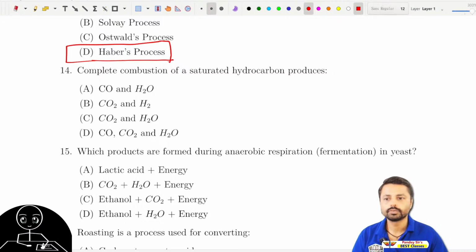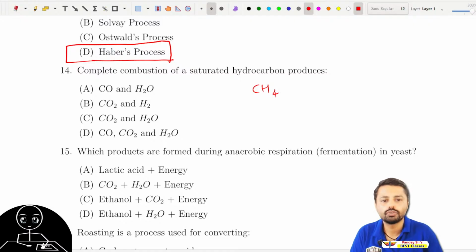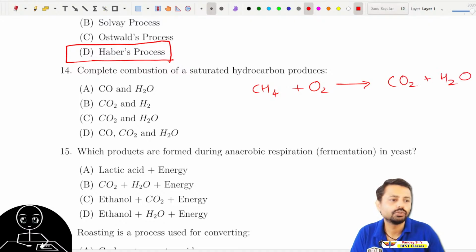Try the next one. Complete combustion of a saturated hydrocarbon produces. Saturated means, for example, CH4. What will you get if we do combustion with O2? We get CO2 plus H2O.